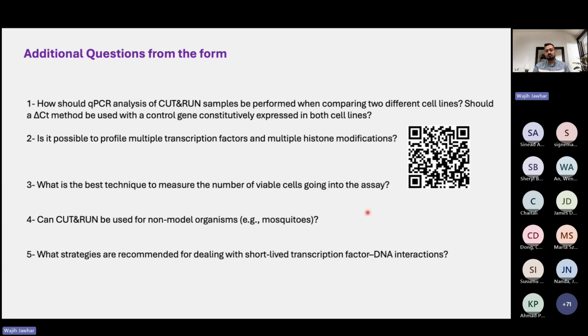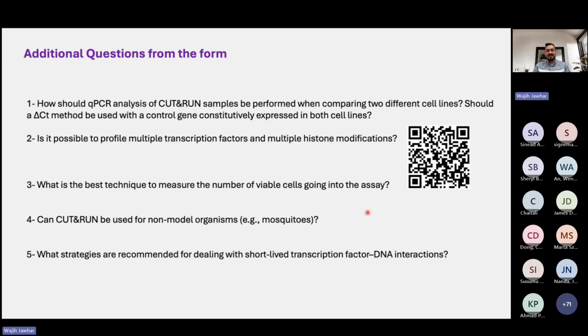And even though some commercial protocols recommend that you quantify the amount of DNA you get at the end before library prep, it might not always work, especially if you're doing some form of cross-linking, or if your target is not highly abundant.